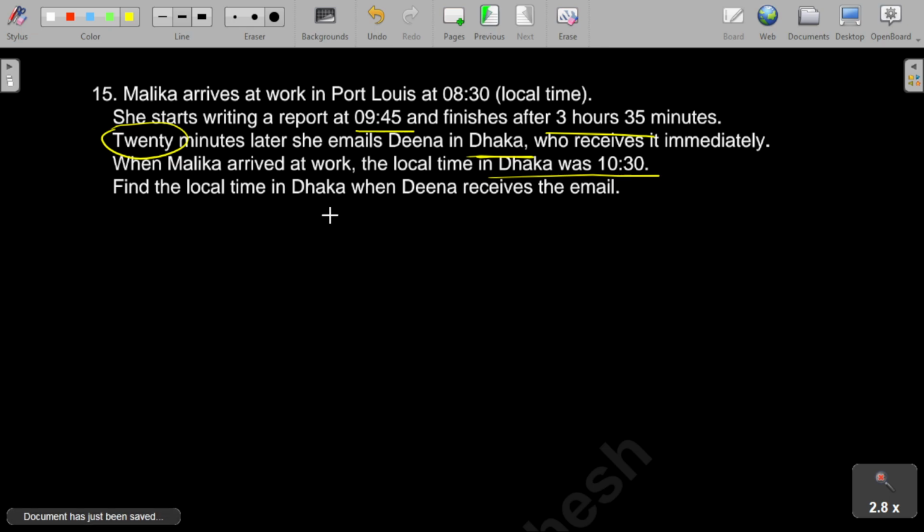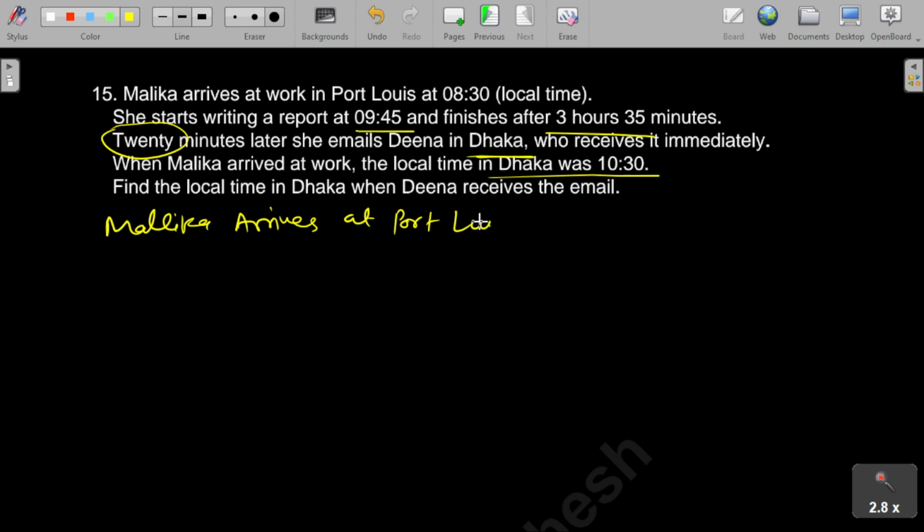Okay. So first it is given that Malika arrives at Port Louis, which is 8:30 local.